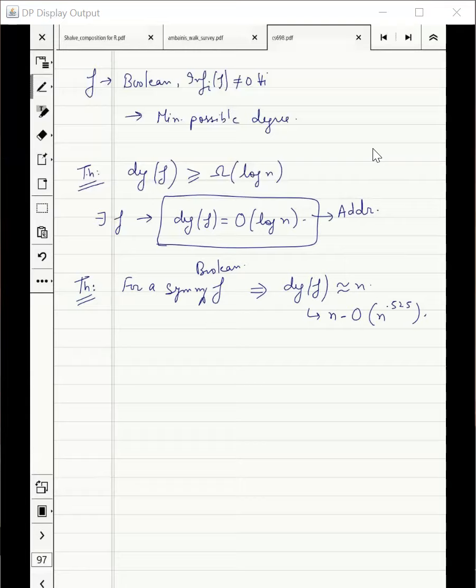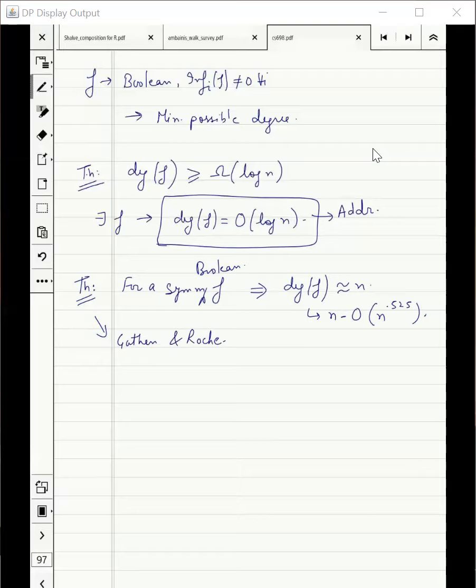So it is more than n by 2, it is more than 9n by 10, it is more than 999n by 1000. It is very, very close to n, but this is for symmetric. This is a paper by Gathen and Roche. This is given as an extra. This is given as a project. If one of you is interested, you can feel free to take this.